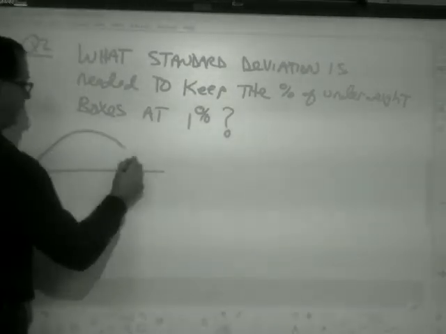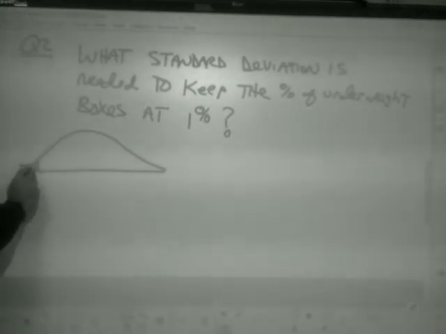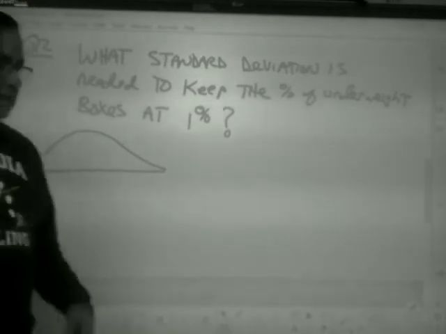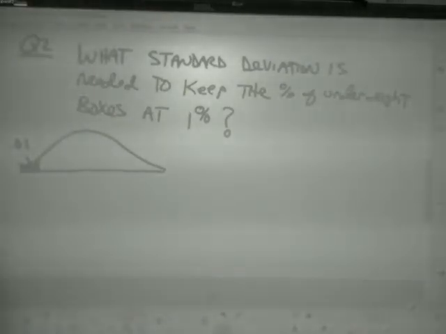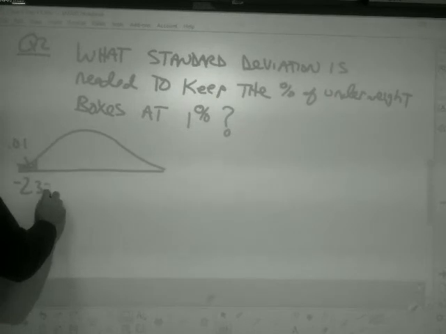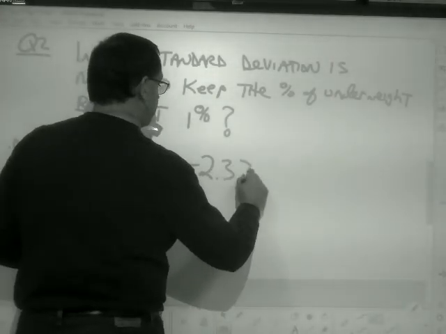So I go back to what we did last class. I only want this to be 0.01. So I need a z-score for 0.01. And when I looked that up, negative 2.33 is my z-score.